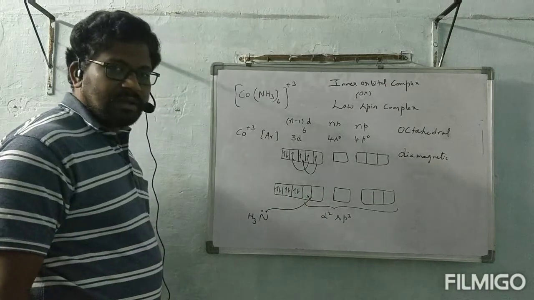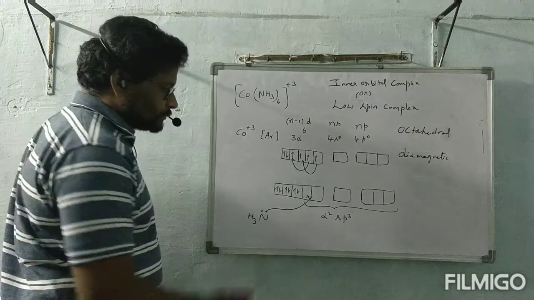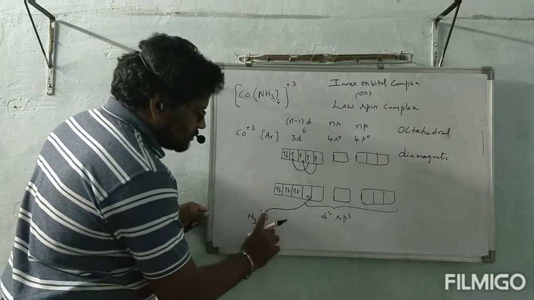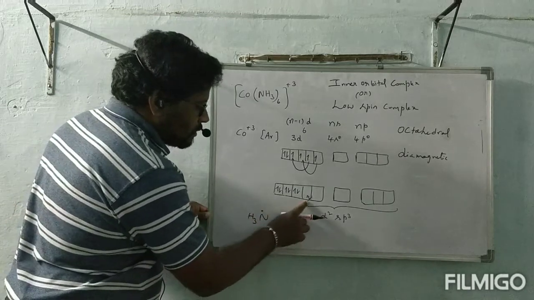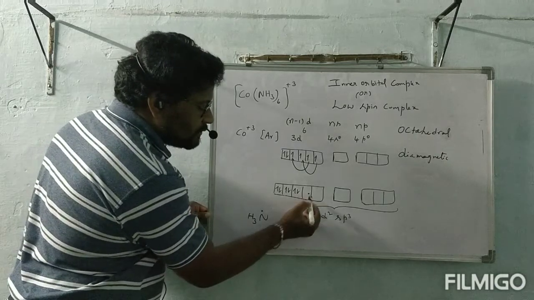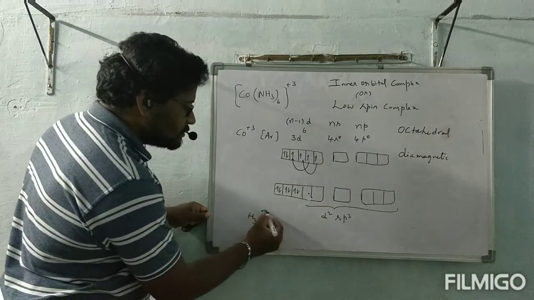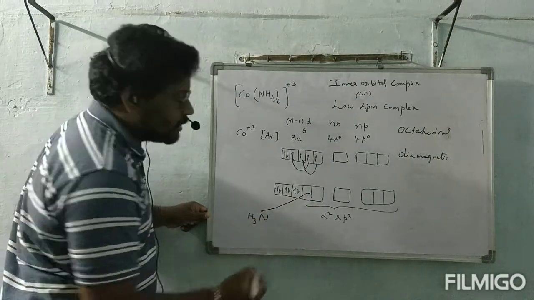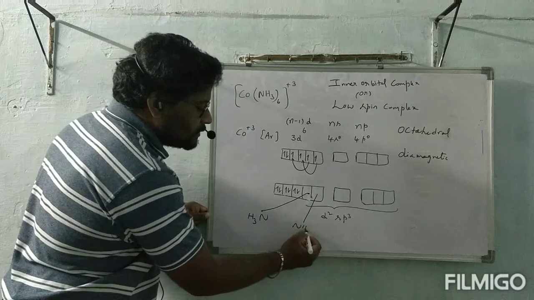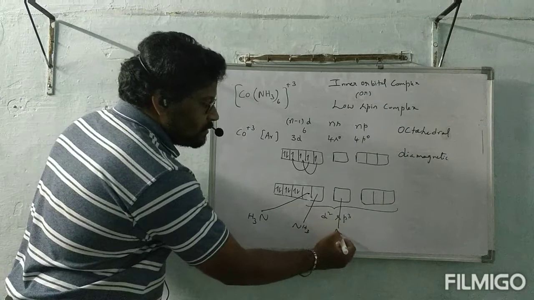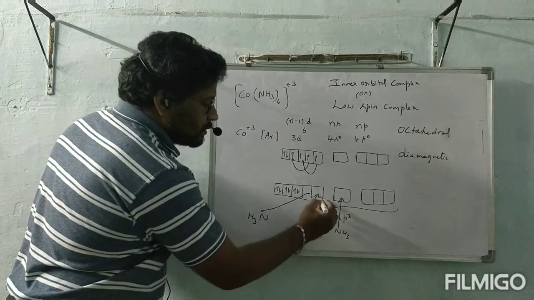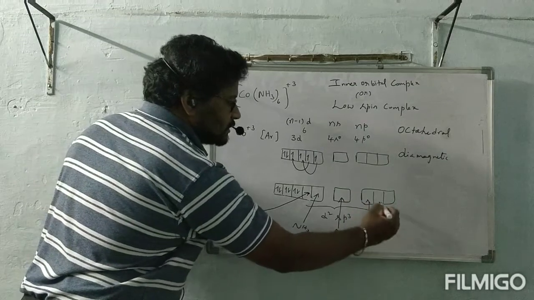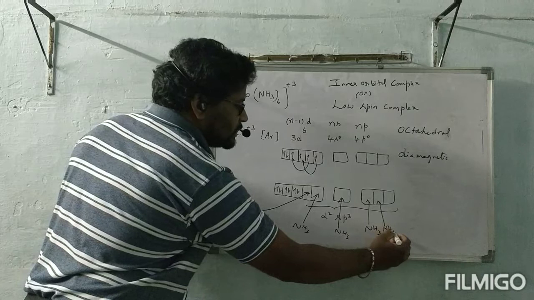After the donation, the electron here and the electron there are involved in a bond, which is called a coordinate covalent bond. Like that, the metal is going to be involved in a bond with another NH3, and so on with each NH3.